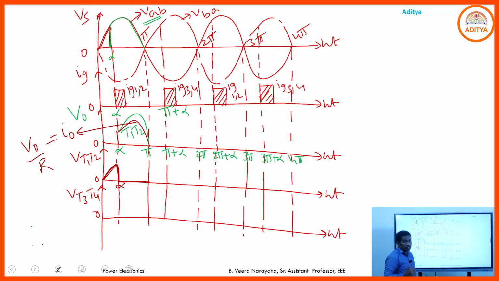T3, T4 are in reverse bias during the positive portion. Hence this total positive voltage from 0 to pi is available across the T3, T4. Here the peak inverse voltage is minus Vm. This is the output voltage, output current, and voltage across the thyristor representation during the positive half cycle.